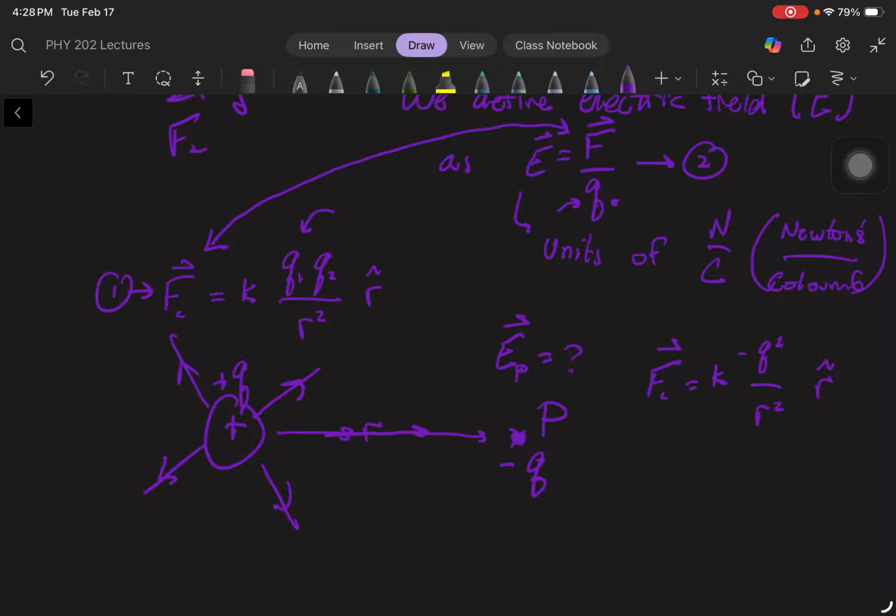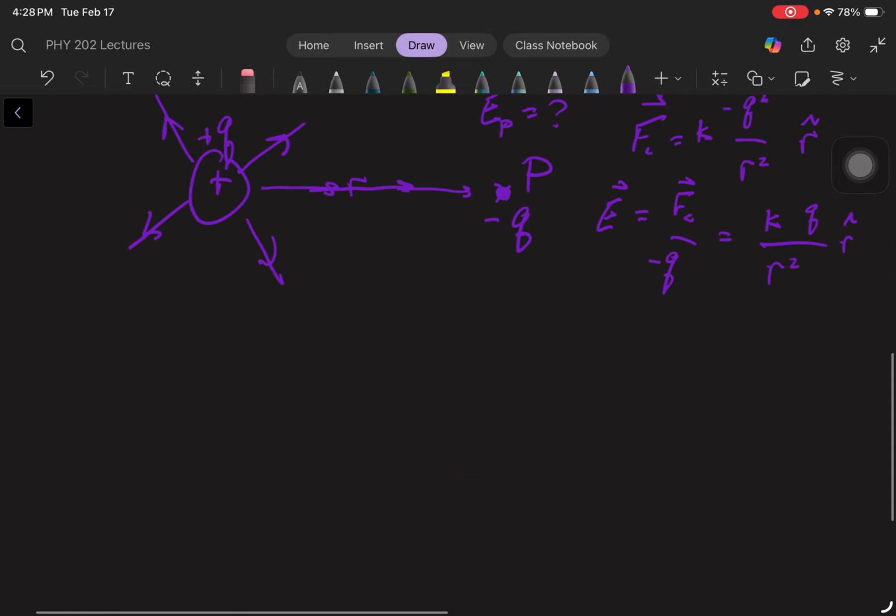You can find the force, and then you could find the electric field is equal to F over negative q. And so we get kQ over r squared, r hat, for the electric field due to one particle.